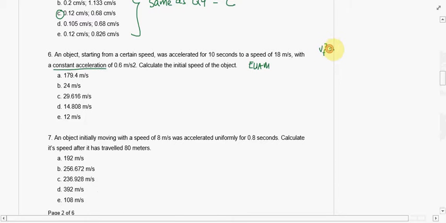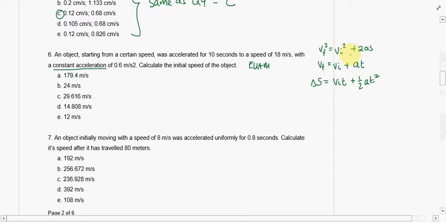The final velocity squared is equal to the initial velocity squared plus 2 times the acceleration times displacement. The final velocity is equal to the initial velocity plus the acceleration times time, and the change in displacement is equal to the initial velocity times time plus 1/2 acceleration times time squared.